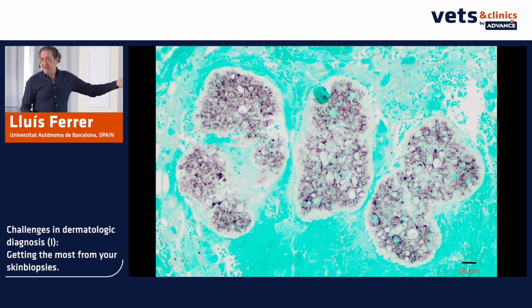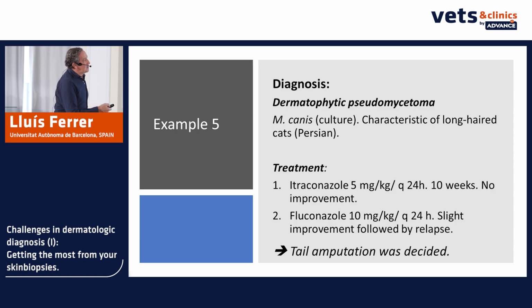At the same time, the fungal culture revealed the growth of Microsporum canis. So this is a case of dermatophytic pseudomycetoma that you know is almost only seen in long-haired cats like Persian, Himalayan, and this group of cats.